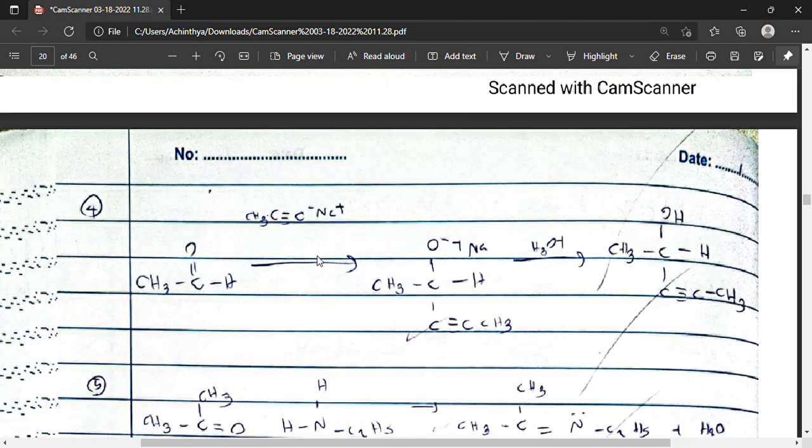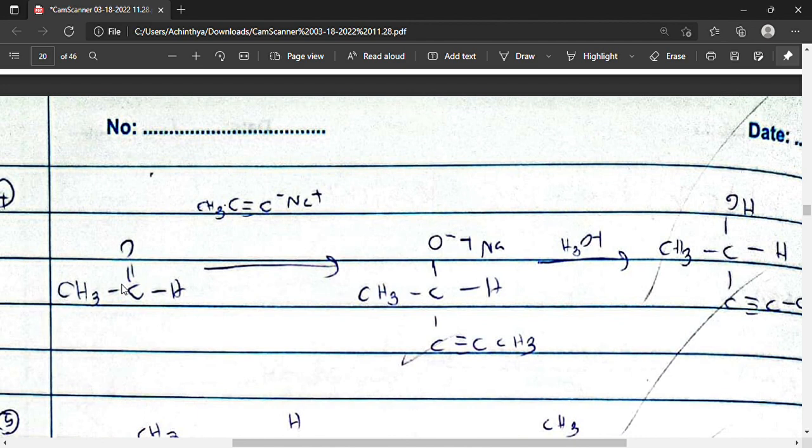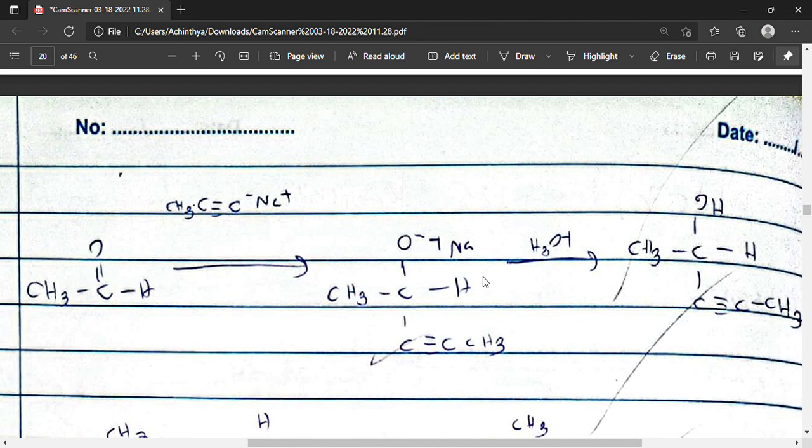Another thing we can do is take the sodium salt of a terminal alkyne, an acetylide ion, and react it with an aldehyde or ketone, in which case we get this compound where this R group, CH3C≡C, will attach to the carbonyl carbon, and the Na+ binds to oxygen as O- Na+.